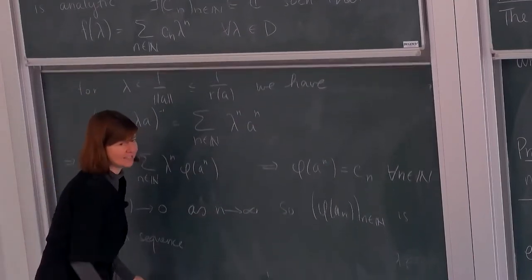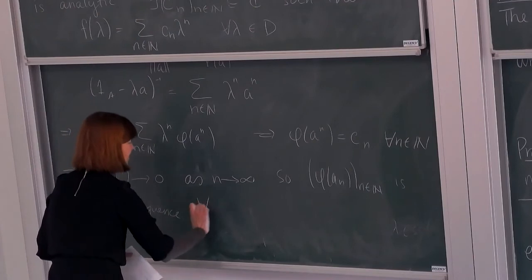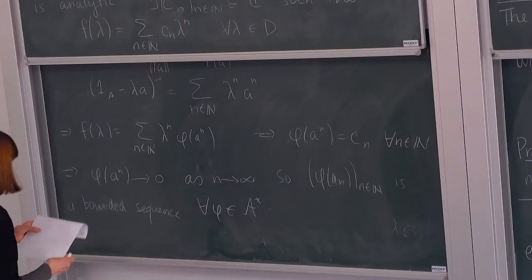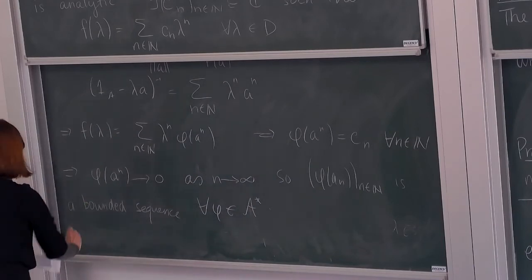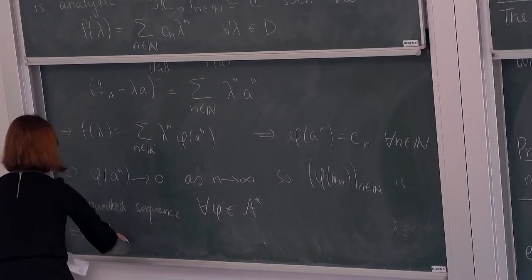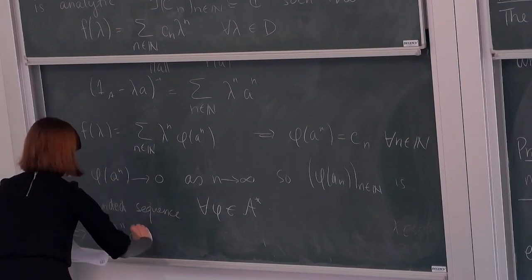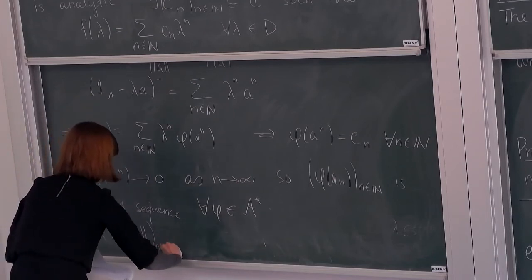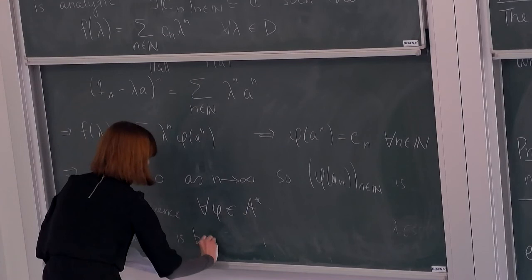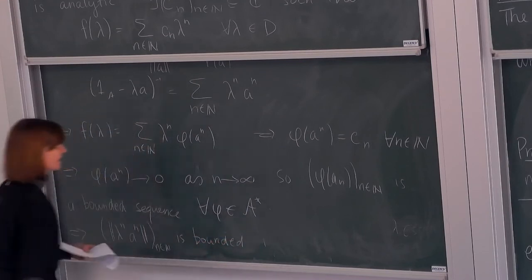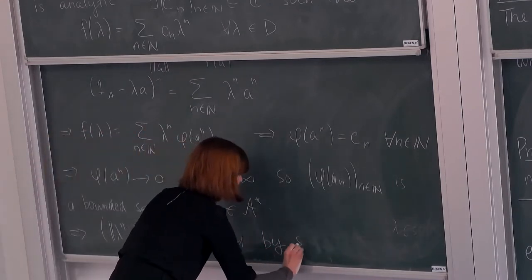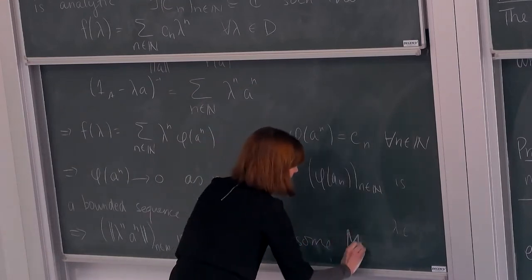So this is bounded for any phi in A star, which in turn implies that this is bounded. So again, using the fact that A star separates points. So it's bounded, let's say, by some number we'll call M lambda.